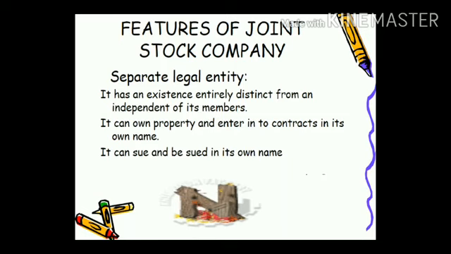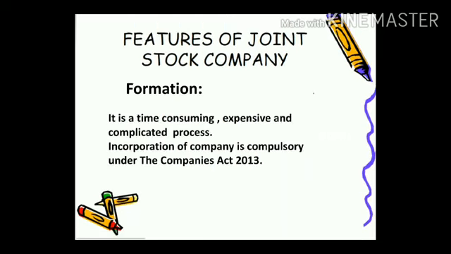And the next feature is formation. Formation of a joint stock company is a time-consuming, expensive and complicated process because it involves the preparation of several documents. A company is formed under the provisions of the relevant act after completing certain formalities.